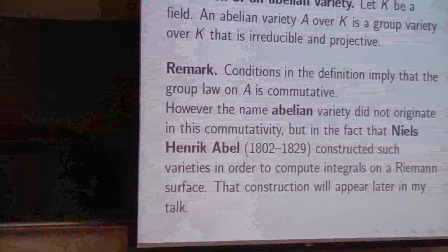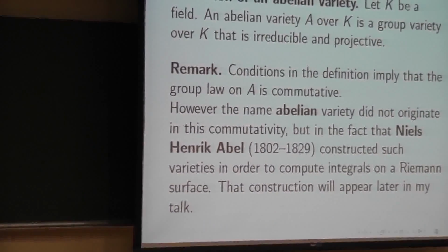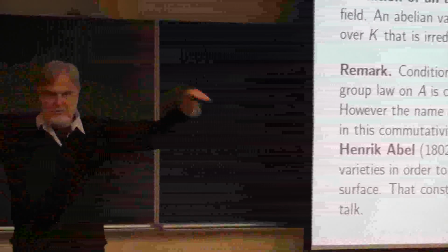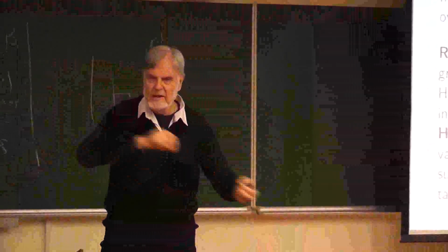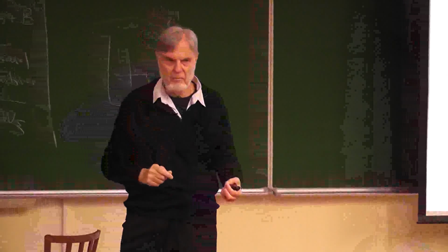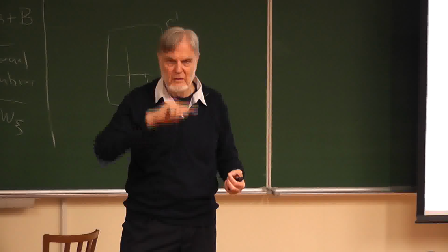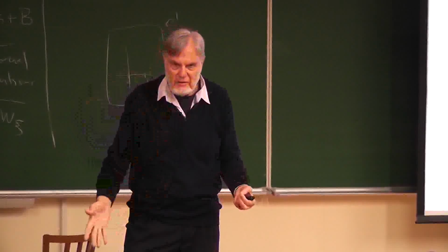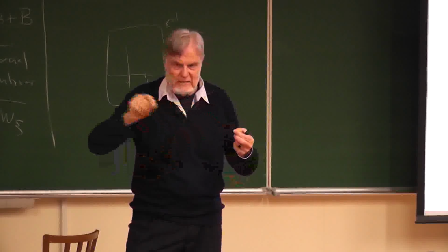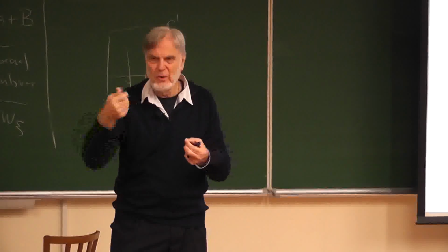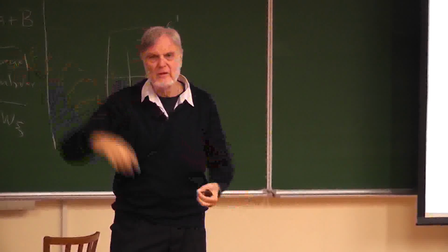Niels Henrik Abel computed integrals on the Riemann surface. So you take a Riemann surface of genus 3, say, you take 2 points, you take a differential, and you want to compute the integral from A to B of omega. But you don't tell which paths you take from A to B. And that's not well defined, because the path may go as straight as possible, but it also may wind around all the holes and the loops and so on, and then compute the integral.